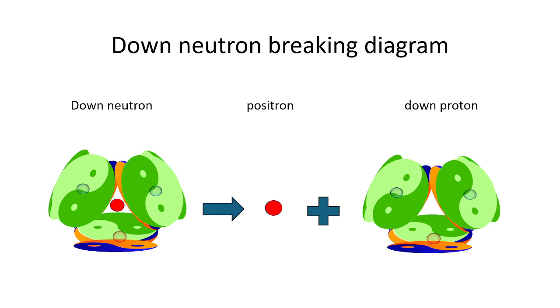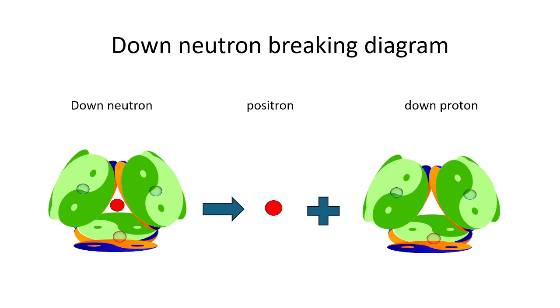Down neutron breaking diagram. Down neutron, by losing a position, becomes a down proton. The neutron has 3 quarks, 2 down quarks and 1 up quark.